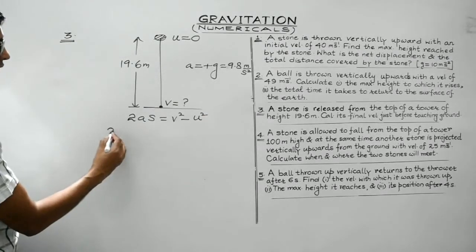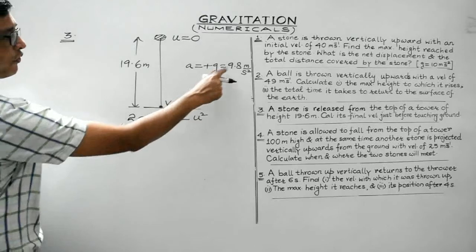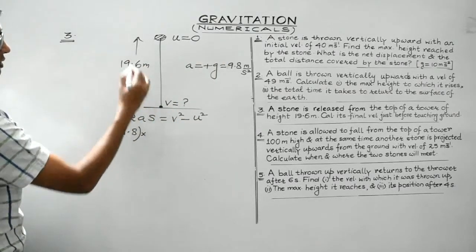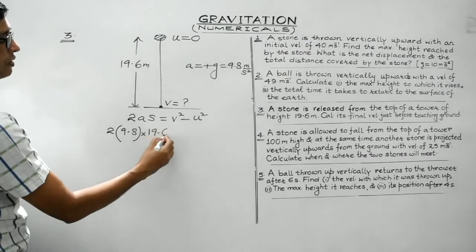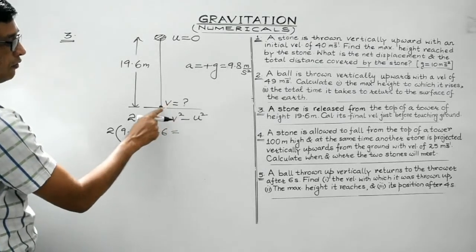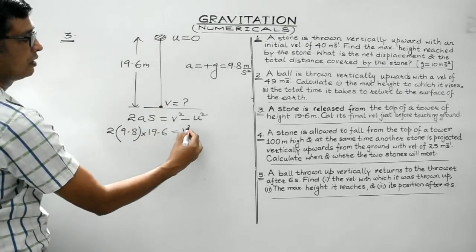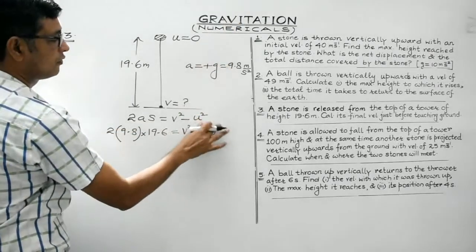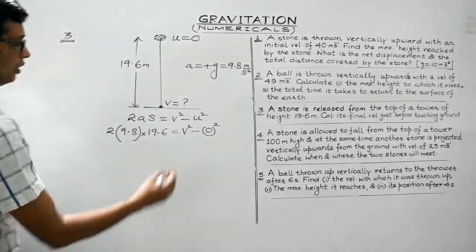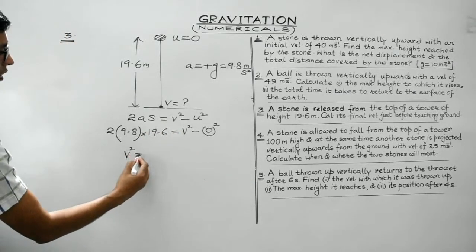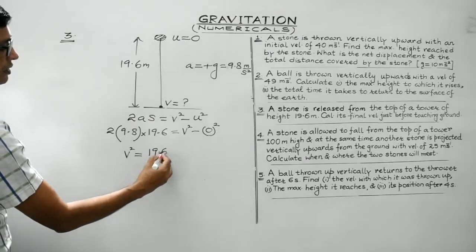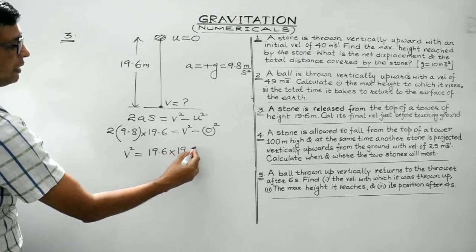So let's substitute the values. In place of a, we will substitute 9.8. In place of s, we will substitute 19.6. v, this final velocity at this point, is to be determined, and the initial velocity is 0. The body is released from a height. So what you get is v square equals 2 into 9.8, that is 19.6, multiplied by 19.6.